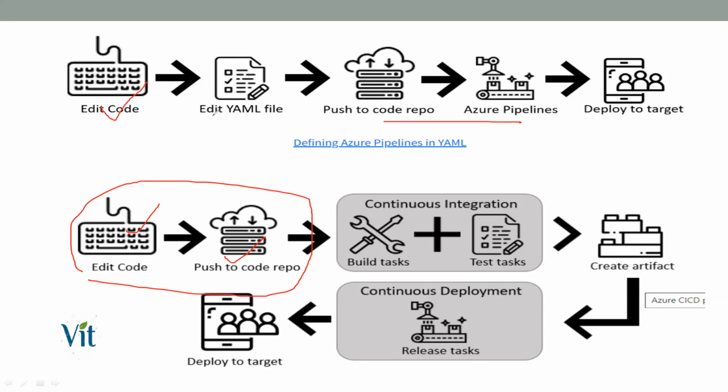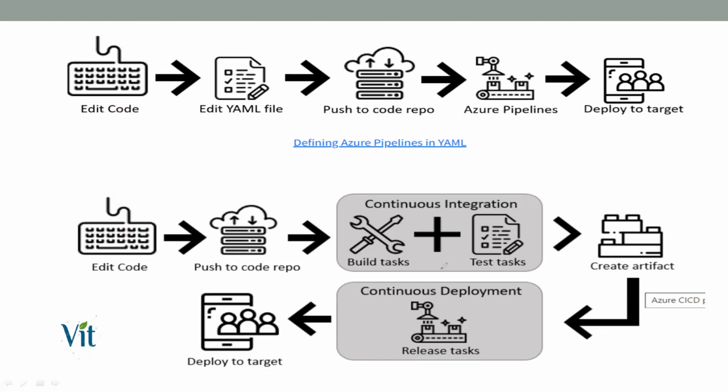First, you will edit the code and the YAML file, and push the code into the repo. Then you are going to create the Azure pipeline. This pipeline is going to deploy into target environments: if it is dev, it deploys into dev; if it is QA, then QA; prod means production.